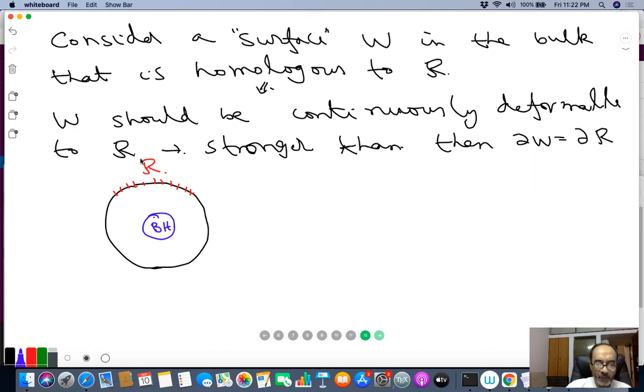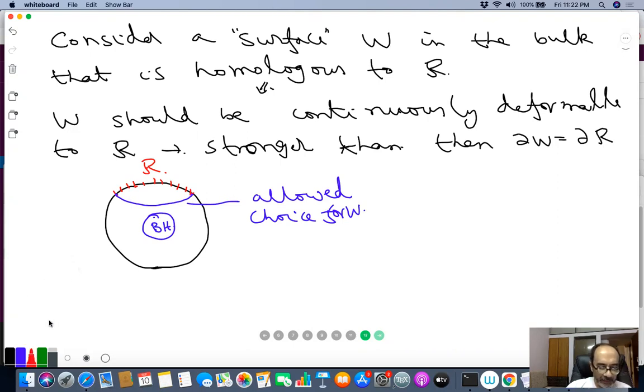Now, let's see what are the allowed Ws. So this one is allowed. Why? Because it can be continuously deformed to R. And of course, the boundary of W coincides with the boundary of R.